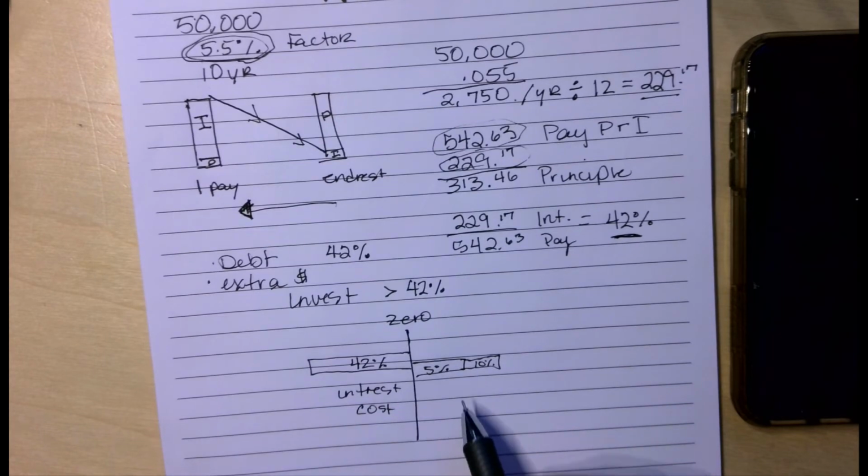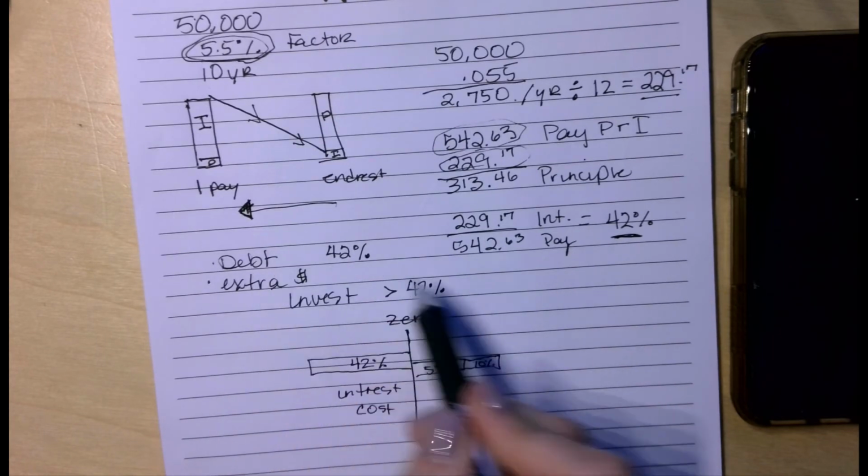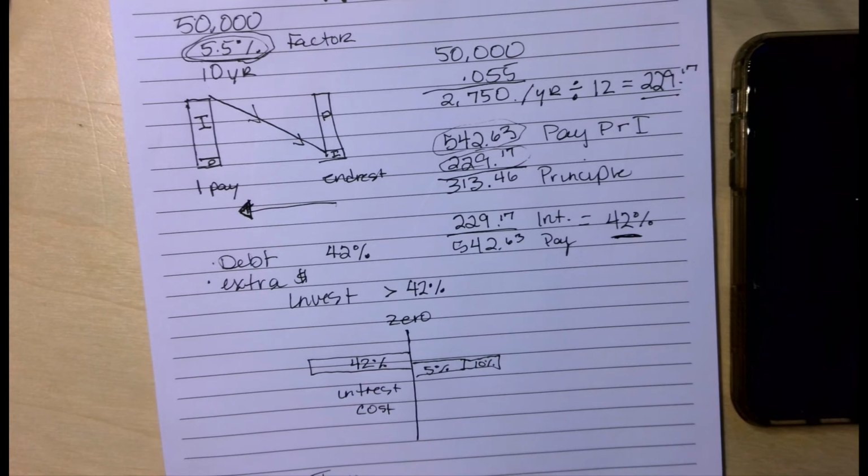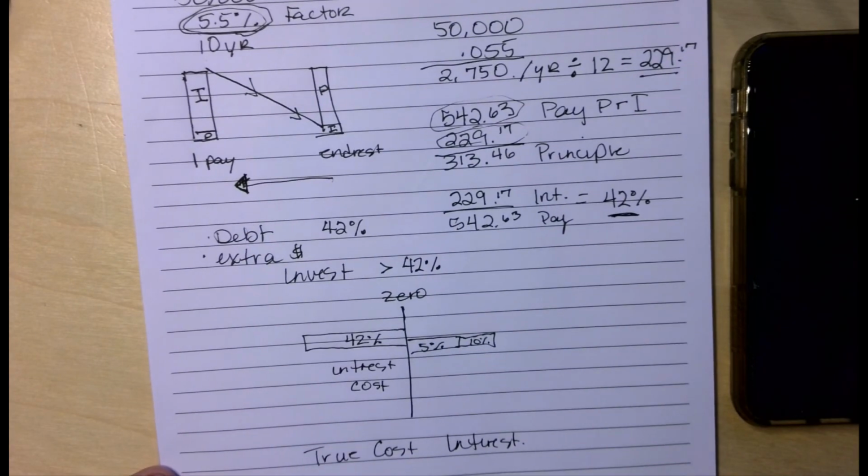So the reality is we must understand our true cost of interest in our financial lives before we make any other financial decisions. Now, I have another video on debt-free for life and how we get debt-free and remain debt-free for life. I would encourage you to look into that, and that will also help you understand your true cost of interest on all of your debt.